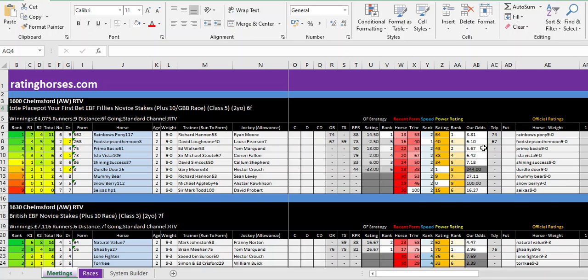And of course, we simply can't get that. It's around 11-10, which offers no value whatsoever. So what we're saying is, have a look at all the data, build up a sort of picture, obviously investigate further and maybe do a bit of form reading as well. But always come back to the our odds column, because that will give you a good indicator if the horse is offering value or not.